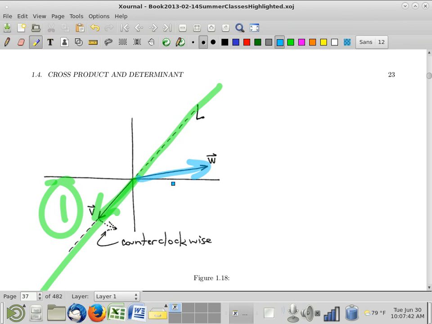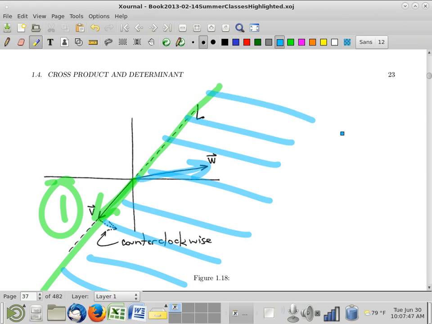If w points into the side of that line that you would call the counterclockwise side, then we say that ordering, where v is first and w is second, the v comma w ordering, is what we're going to call a counterclockwise orientation, because from the first vector to the second vector, you would go counterclockwise. Does that make sense to everybody? Any questions about this?